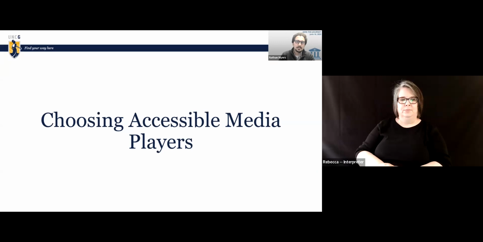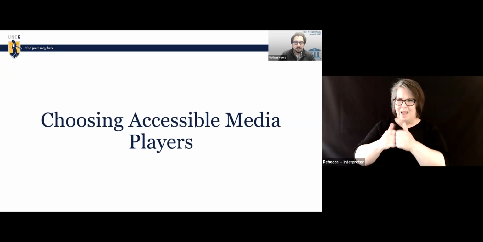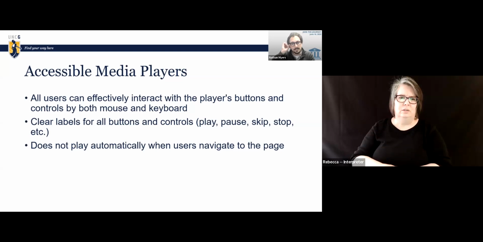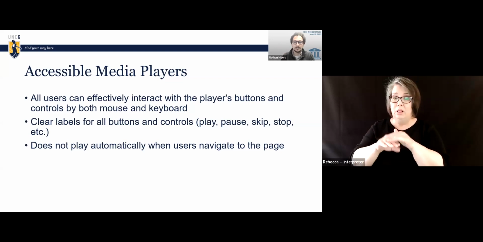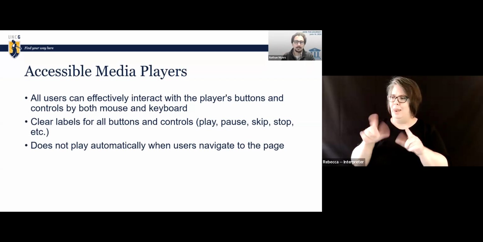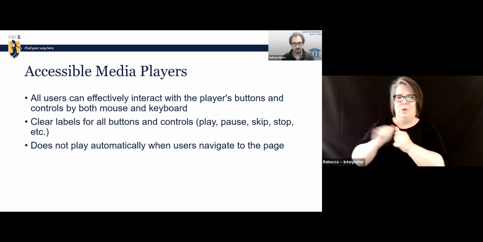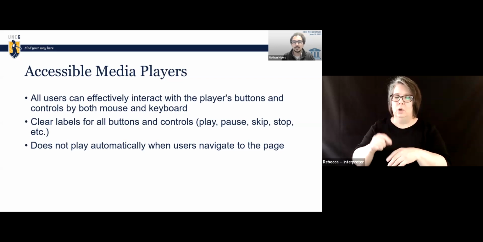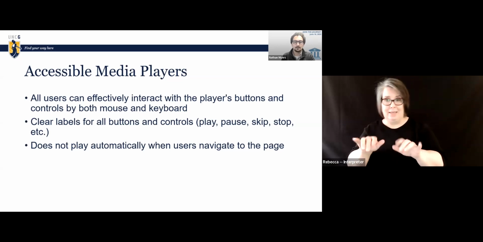So first things first, how do you choose an accessible media player? An accessible media player is going to make sure that it enables a user to effectively interact with all the player's components, buttons, any other controls and features, both by mouse and by keyboard navigation.